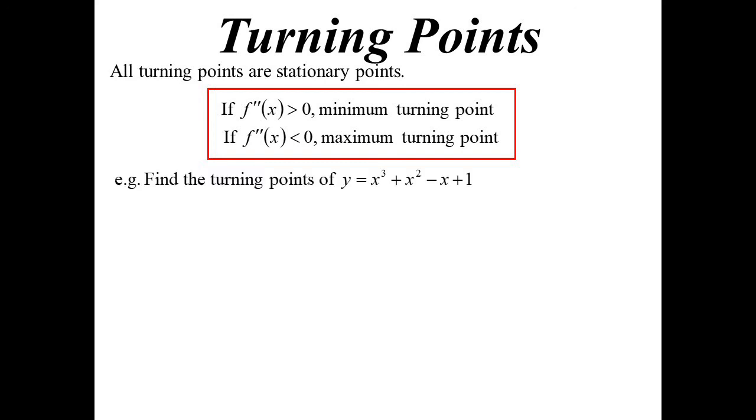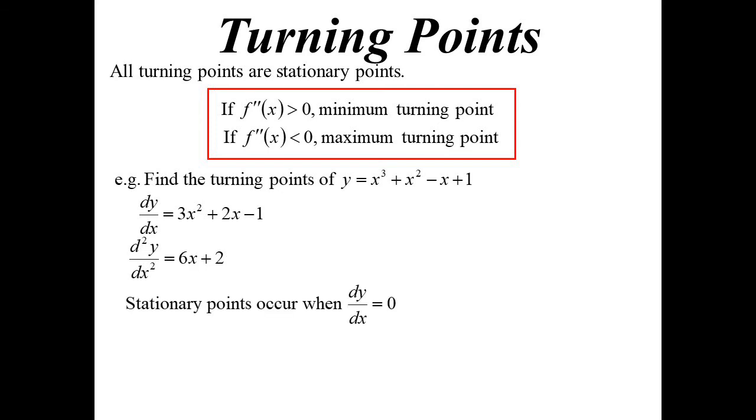All right, let's find them. For this, again, we're still pretty much stuck with polynomials at this stage. So first derivative, second derivative, so I work out all my tools that I'm going to use. Again, explain what you're doing as you go through it. First thing I'm doing, I want to locate these stationary points. I know they occur when the first derivative is equal to 0.